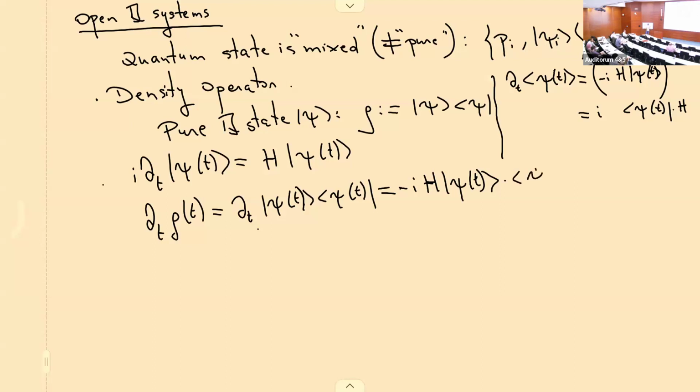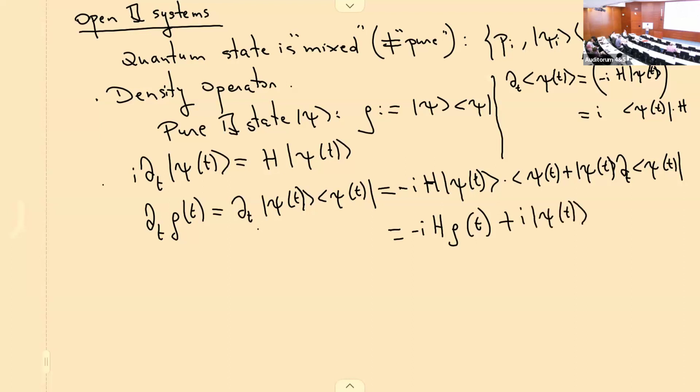So this I multiply by psi of t, plus, which is minus i H, where this one is rho of t, plus psi of t times this is an i, psi of t H. And what is this? This is just minus i times the Lie bracket of H and rho of t.